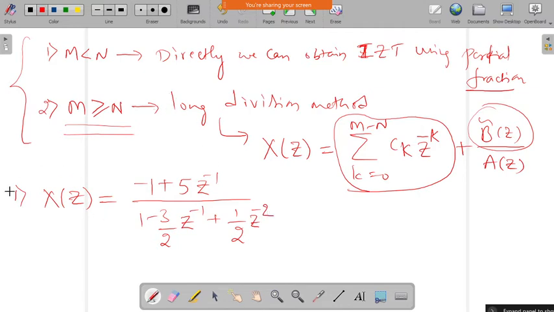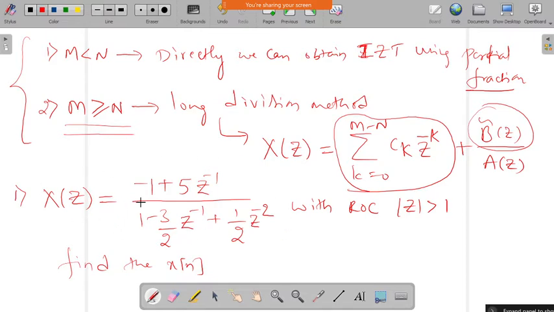So this is the z transform, X of z, which is given with ROC mod z greater than 1. Okay. So this is the problem. Find the x of n, that is, find the input signal x of n. Okay. So now we have to find the inverse Z transform of this.